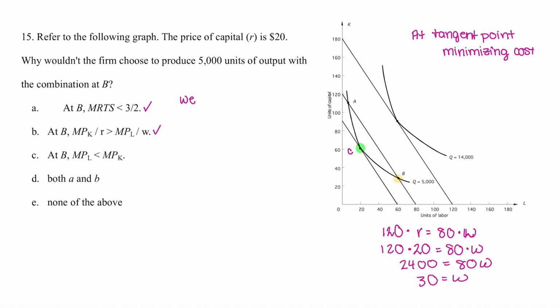Because we know from the graph that we need to be using less labor, because we need to be moving this way, and more capital.